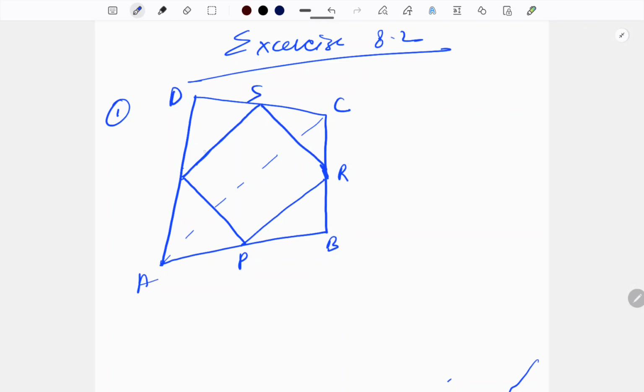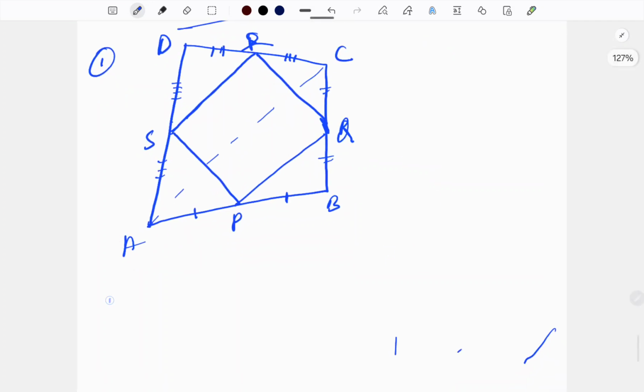P, Q, R, S are the midpoints of sides AB, BC, CD and DA. So this equals this, this equals this, this equals this, and this equals this. Okay. Now AC is a diagonal. Show that SR is parallel to AC. Very simple. First part, we need to prove SR is parallel to AC and SR is equal to half of AC.